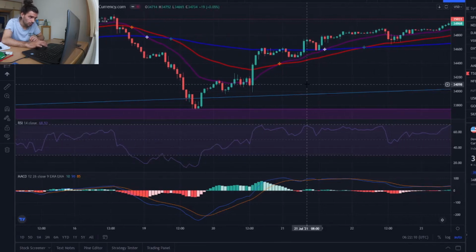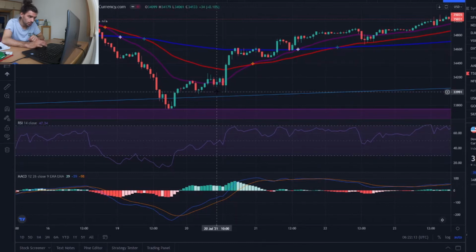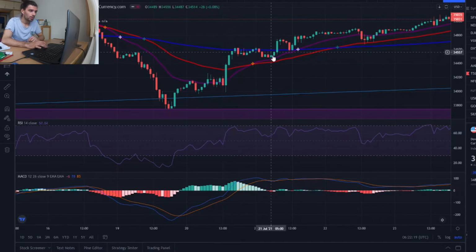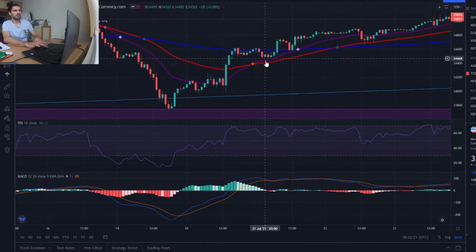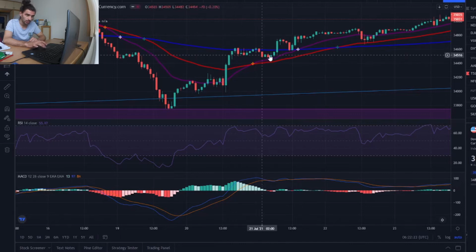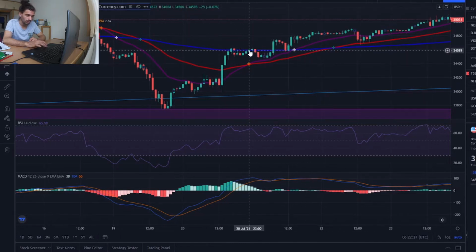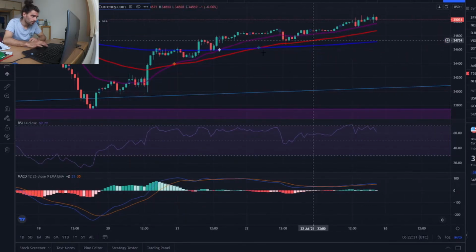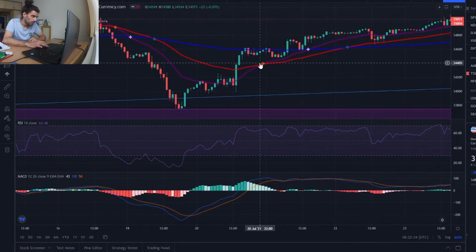Once we come around breaking the 50 EMA and start trading within here, you want to focus on these levels, because we might still get rejected and fall lower, or we might get higher as we did this week. So let me mark this area quickly.